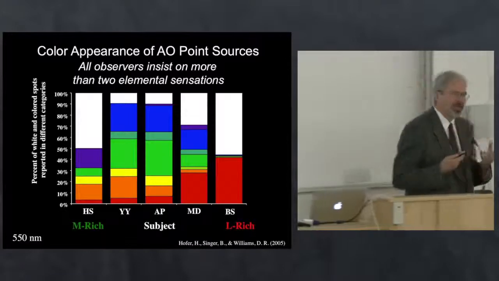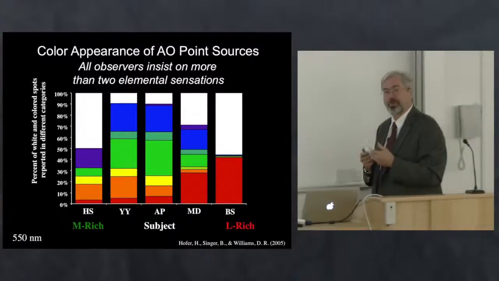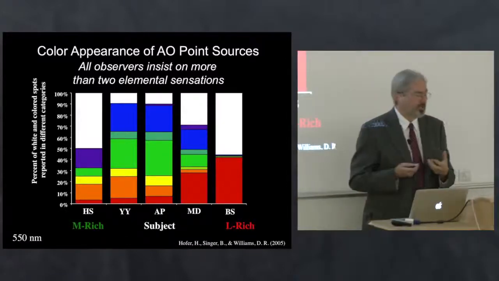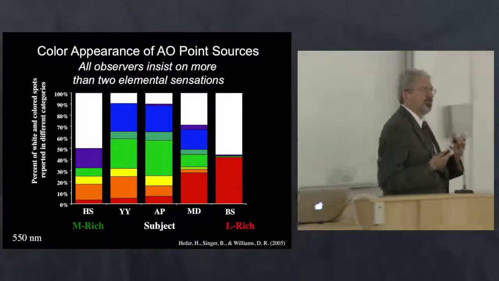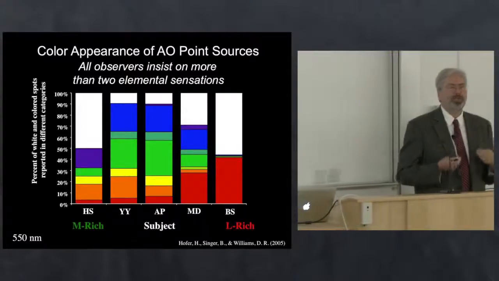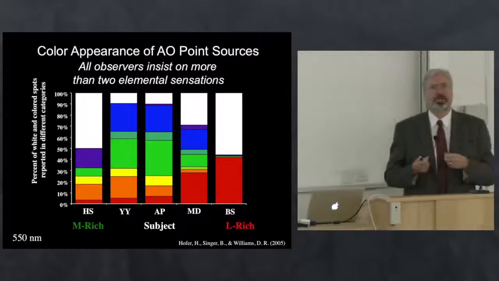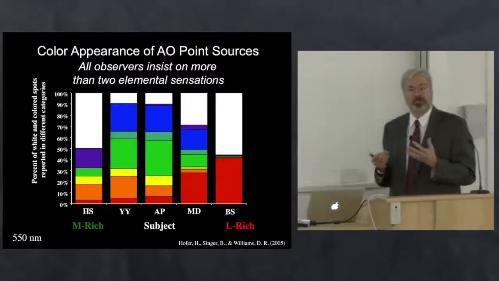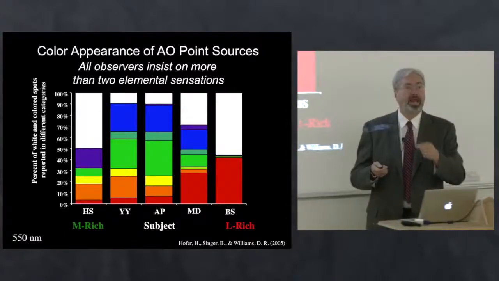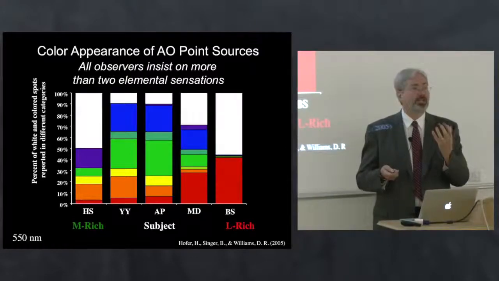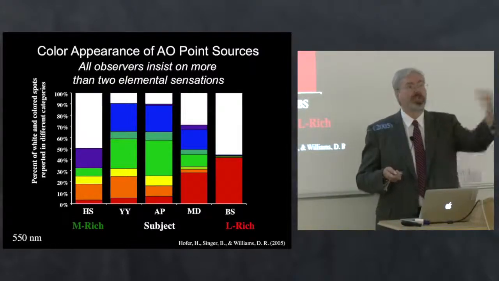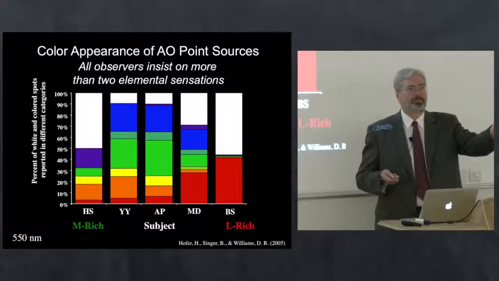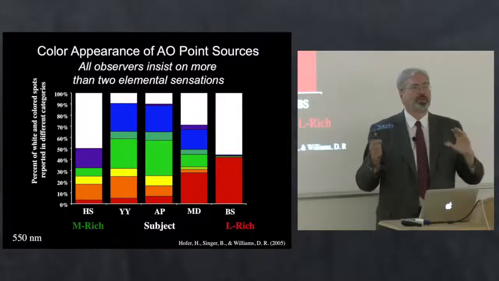And the essence of this idea comes from Bayesian theory. The idea is that what the brain is really supposed to be doing with the retinal image is making the best estimate it can, based on the photon catches it gets from the photoreceptors, of what the external stimulus is out there.